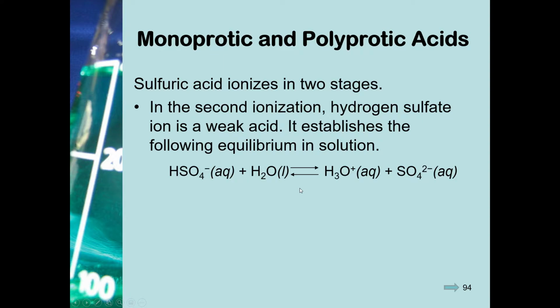At the very beginning, there won't be very many SO4 2 negatives, sulfate ions, and as it begins to ionize, that concentration will begin to increase, and this sulfate ion will find hydronium ions to attach to and reform the original hydrogen sulfate ion.